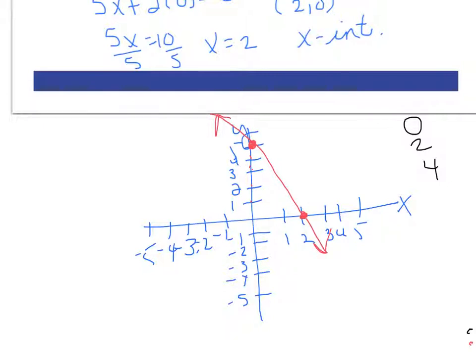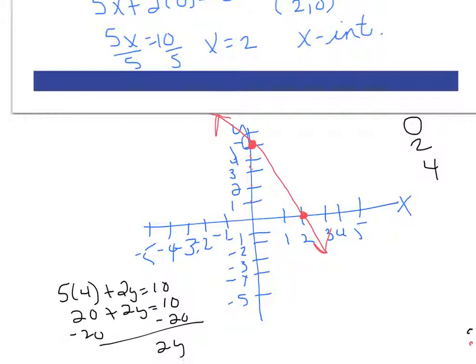So if I take 5 times 4 plus 2y equals 10, I get 20 plus 2y equals 10. I subtract 20 from both sides. So now I get 2y equals negative 10. Move over here so we get some more room.